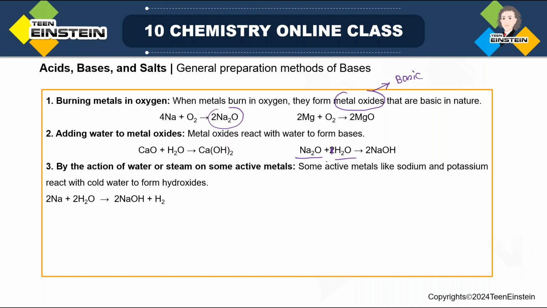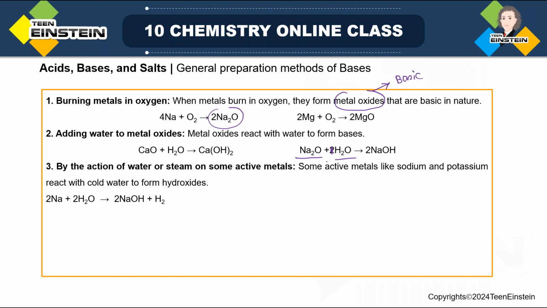Third method is by the action of water or steam on some active metals. Active metals means there are different types of metals actually. When you see the periodic table, the metals present on the left hand side, that is in the S block, are very active metals. They are very reactive. Not just S block, there are some metals in the middle portion also, D block, that are active metals.